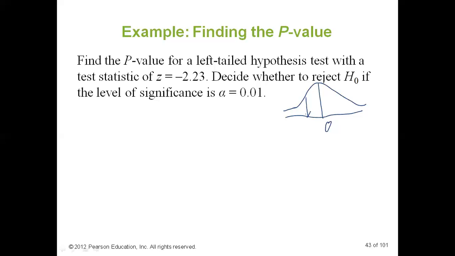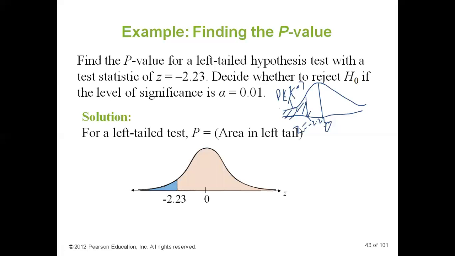After computation of test statistic, z is minus 2.23. So this is our probability p of z. This region is represented by F of z0, where z0 is less than or equal to z. So we'll see how to compute this.